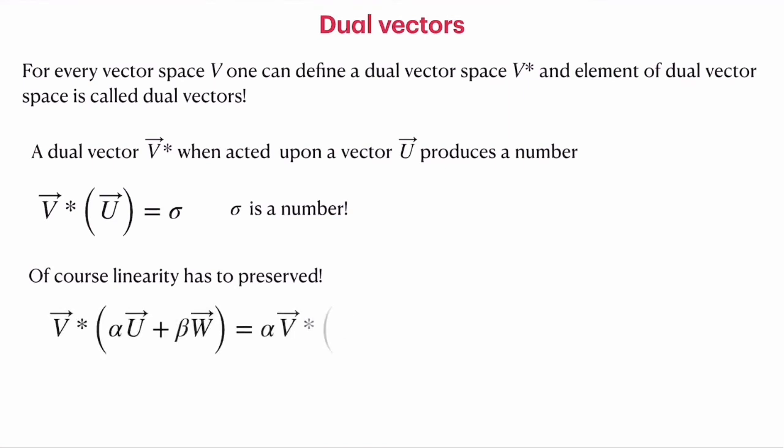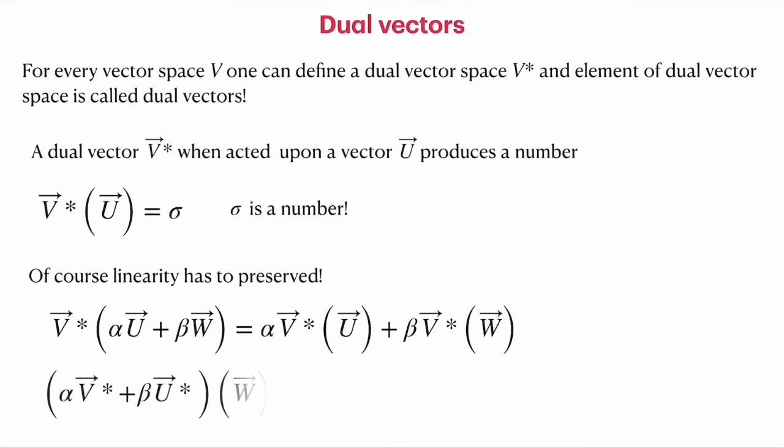That means when a dual vector acts on a linear combination of vectors, V star acting on alpha U plus beta W, we should get alpha times V star acting on U plus beta times V star acting on W. In the same way, if we have two dual vectors V star and U star, then the linear combination alpha V star plus beta U star acting upon the vector W should give alpha times V star acting upon W plus beta times U star acting upon W.